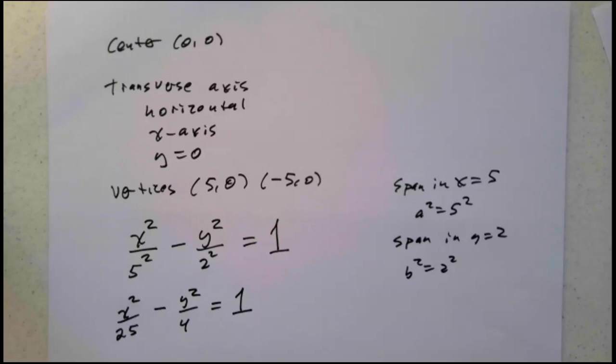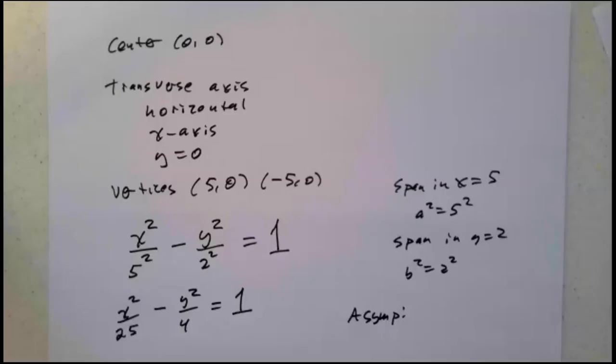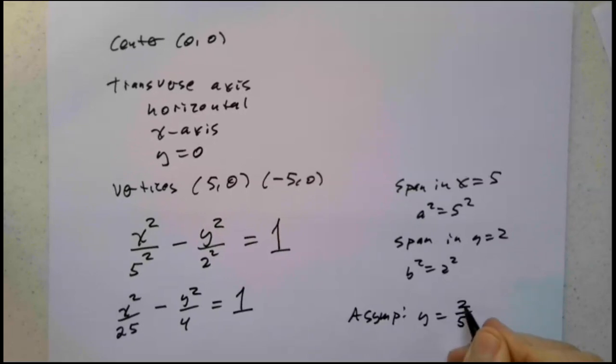So let's take a look at that. Again, rise 2, run 5. Up 2 over 5, slope is 2/5, y-intercept is 0. So one asymptote is y equals 2/5 x. Span in y divided by span in x.